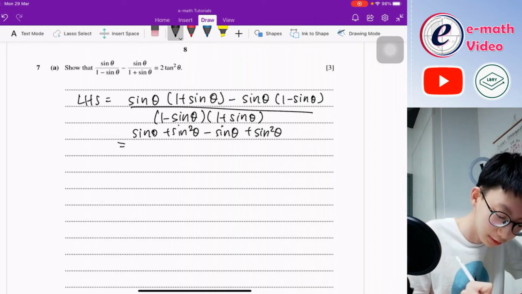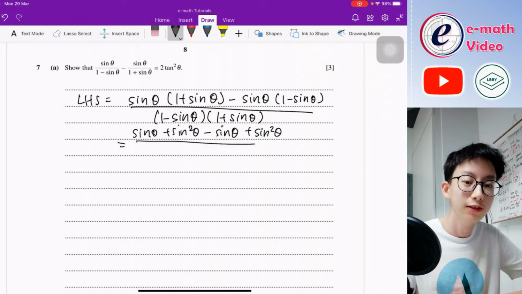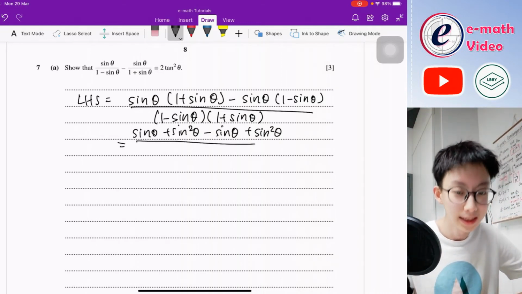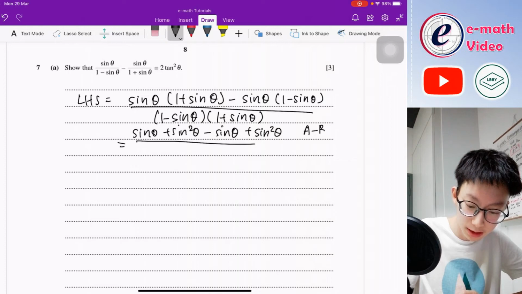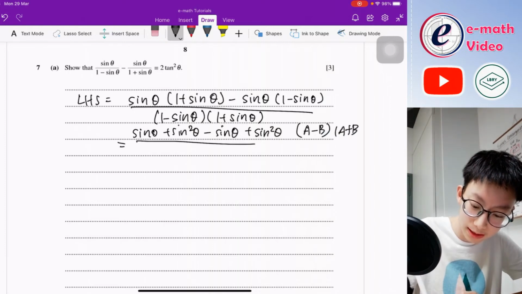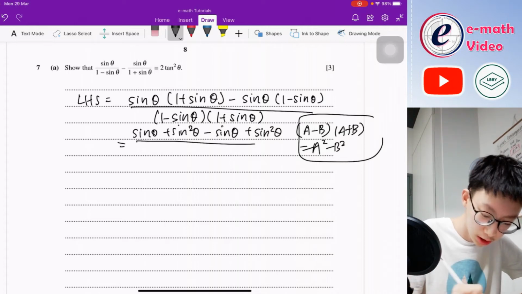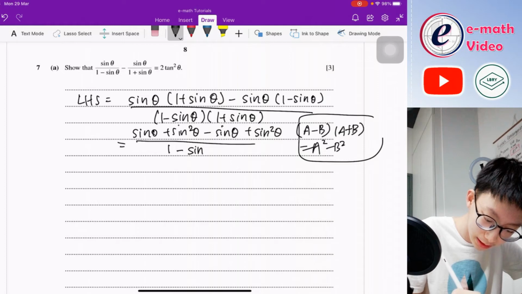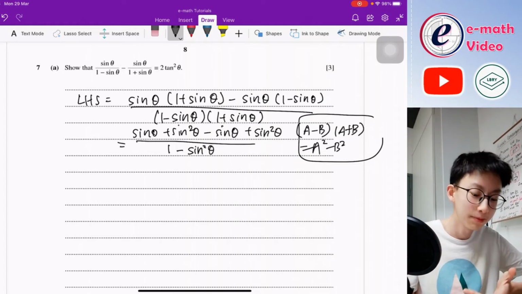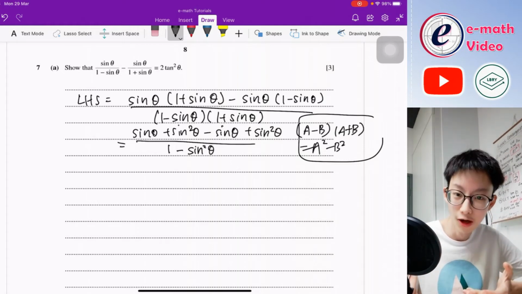Did I copy anything wrongly? No. Alright, good. And for the denominator, you have something very nice, which is the difference of squares. It's actually a plus b, a minus b, a plus b, and it is a square minus b square. So it will just be a square minus b square. See, I told you you'll somehow get an identity and you can make it into cos.